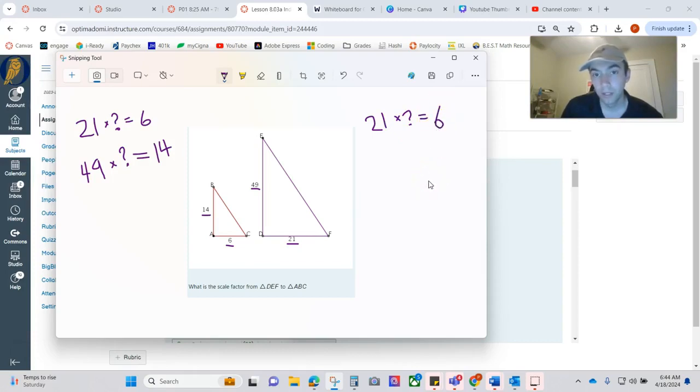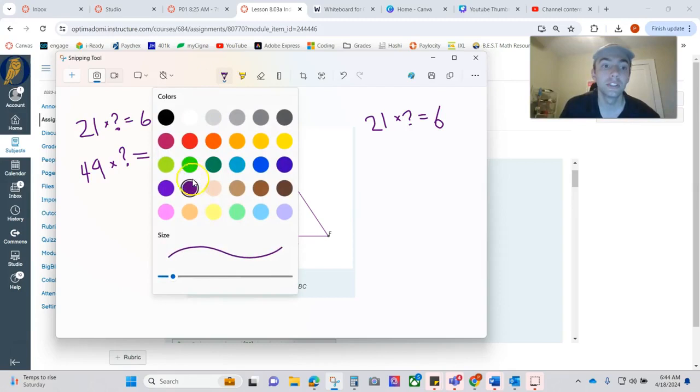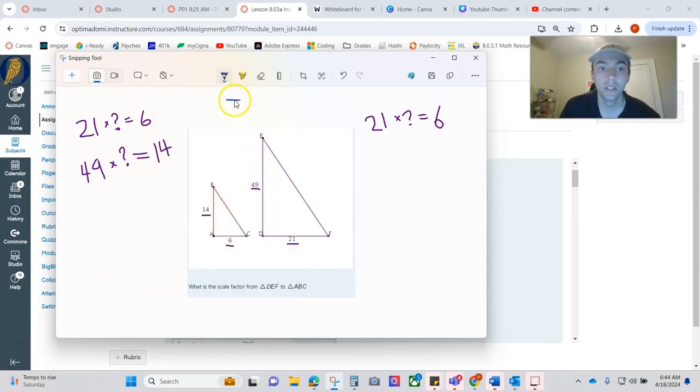Well, I can't think of it in my head, so let's try and use inverse operations to solve this one-step problem.